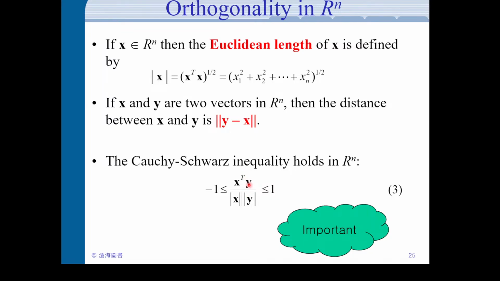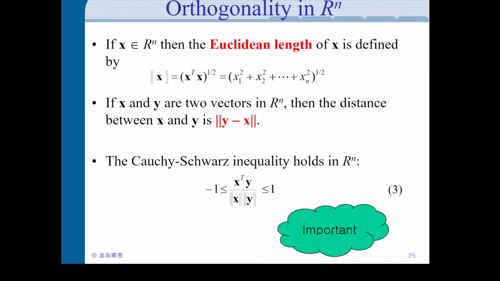The absolute value of the inner product of x with y, divided by length of x times length of y, is at most 1. Another way to say this is that the inner product of x and y divided by length x times length y is in the range between minus 1 and 1.